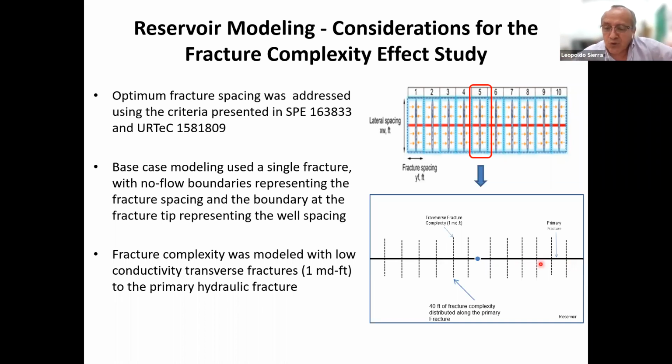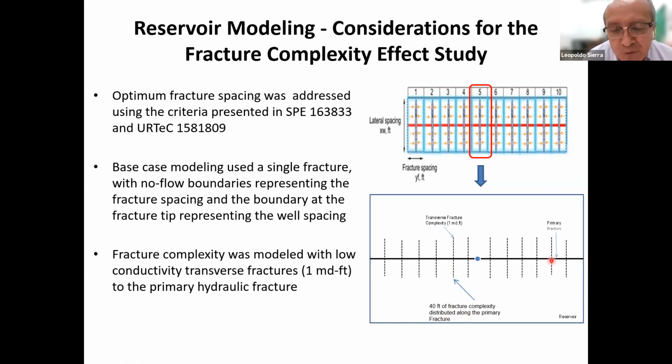To consider the complexity of the fracture, we are placing the transverse complexities here. With that, we are trying to consider especially the complexity of the fracture. For example, the fracture length is 240 feet, and we're considering complexities of 40 feet.